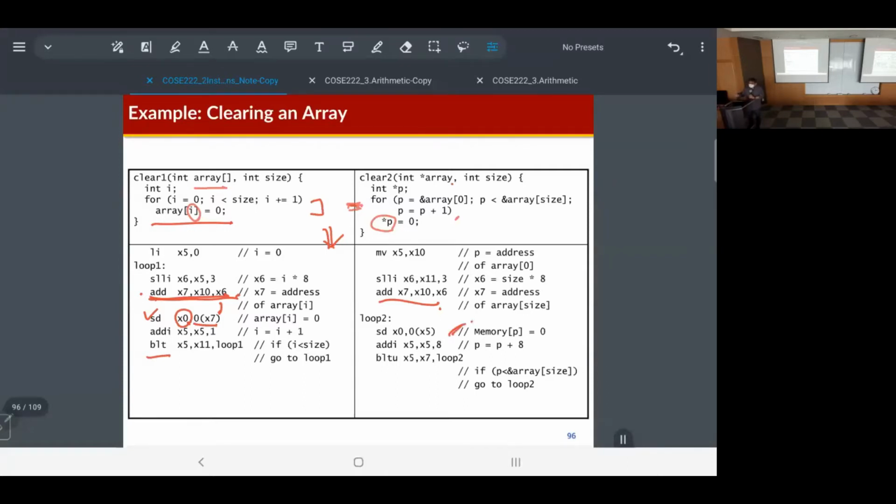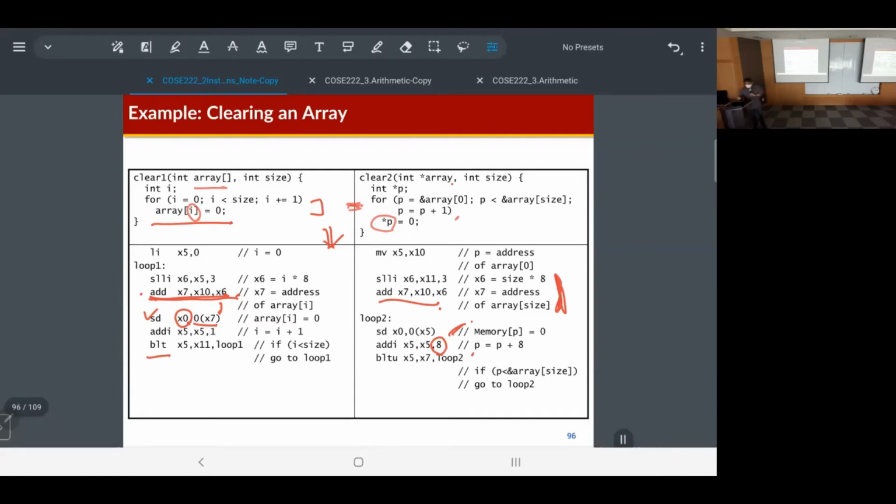So we initialize the base address here, and when the loop is iteratively executed, we just add the size of the element.